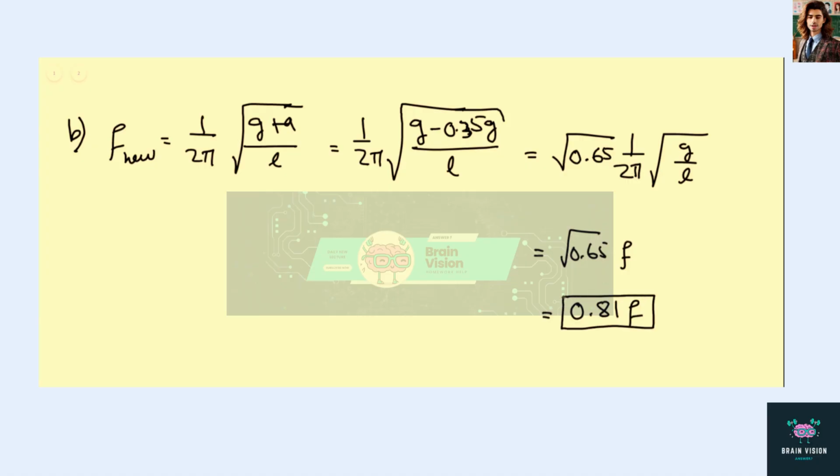So it's 0.81 of the initial defined frequency.